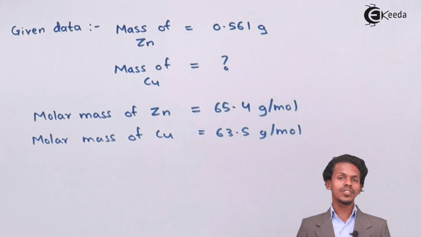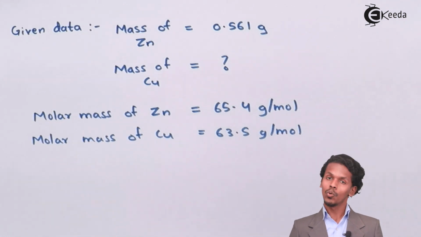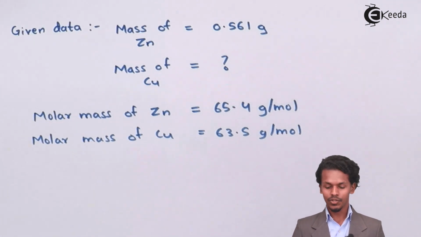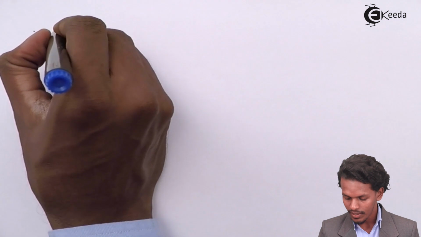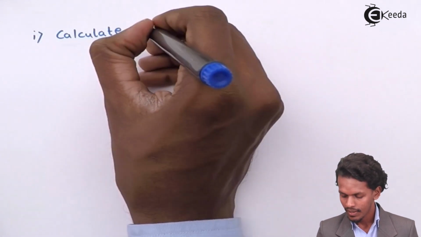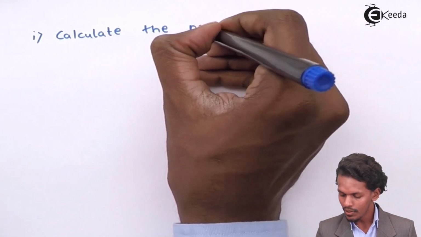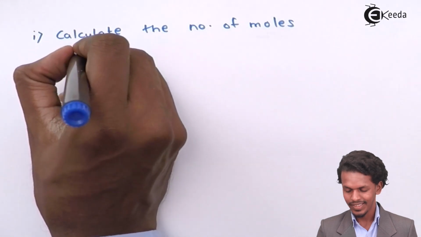For that, the first formula is to calculate the number of moles of a particular substance. So the first thing that we are going to do is find out the number of moles of the substance.